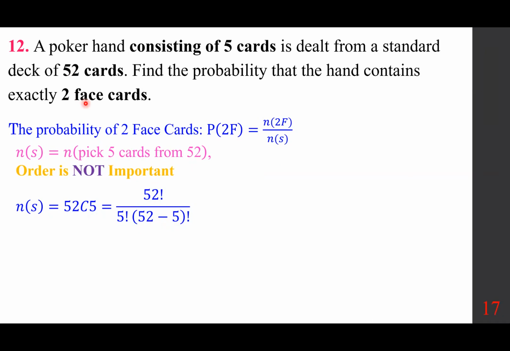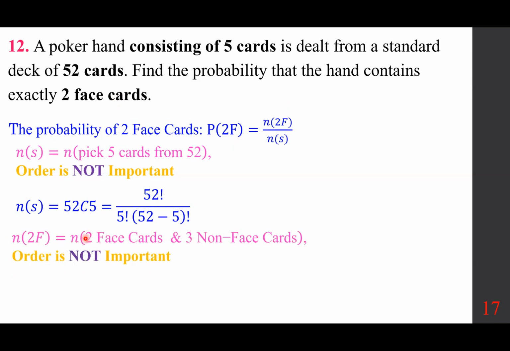Then we want 2 face cards. So what is N of 2 face? We want 2 face cards and 3 non-face cards. That's really the idea. We want 2 face cards and the rest of them are not.